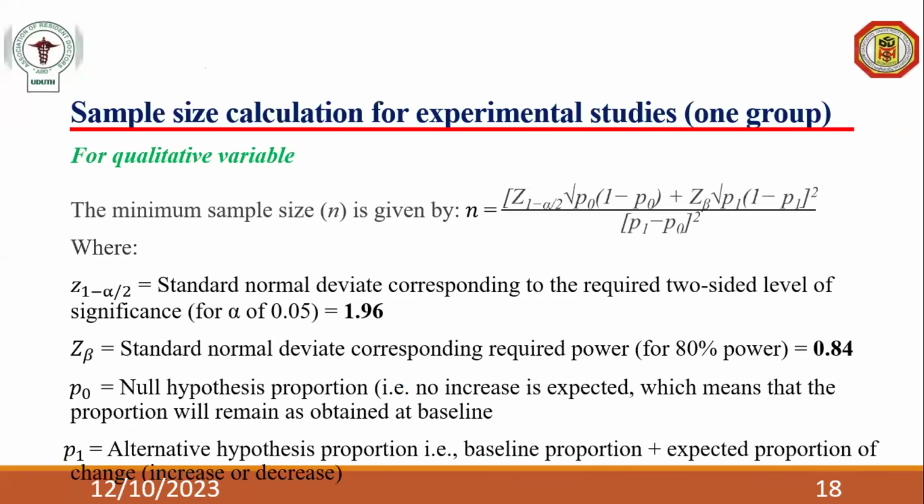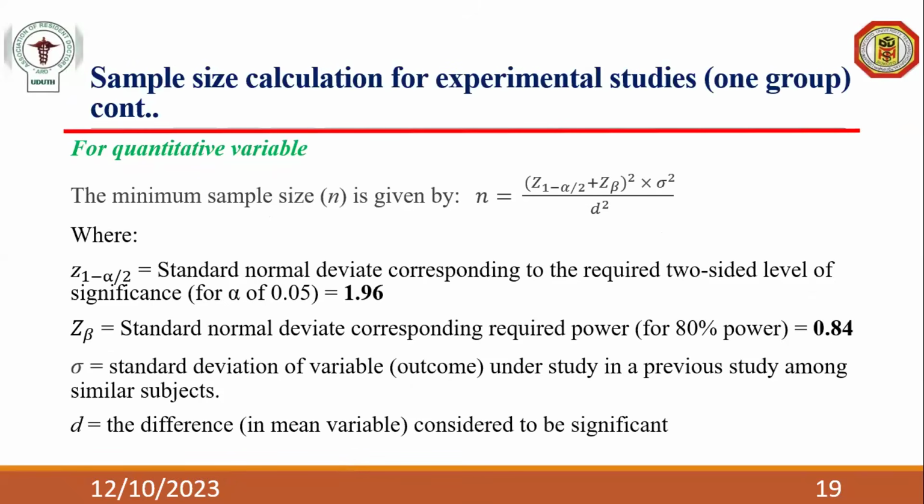Yes, that is the formula for sample size calculation in experimental studies for one group. Then, if it is one group but a quantitative variable, the previous one was one group qualitative variable.